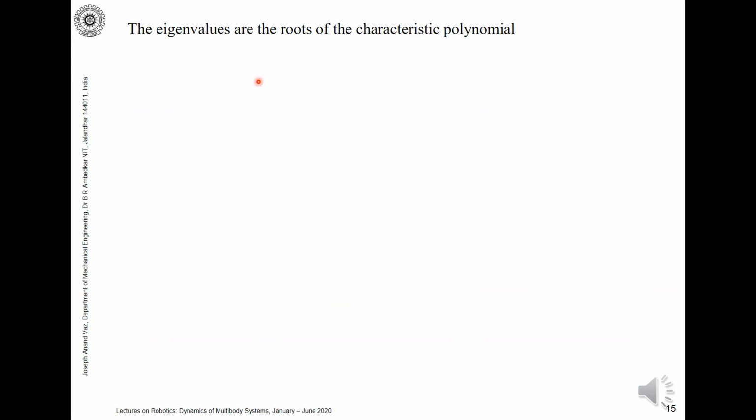The eigenvalues are the roots of the characteristic polynomial. So lambda I minus I_B with respect to C expressed in the frame 0. So this is a characteristic polynomial.